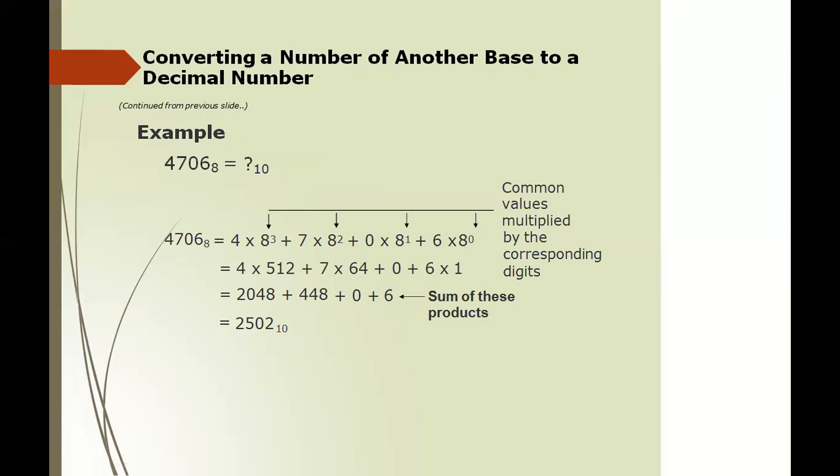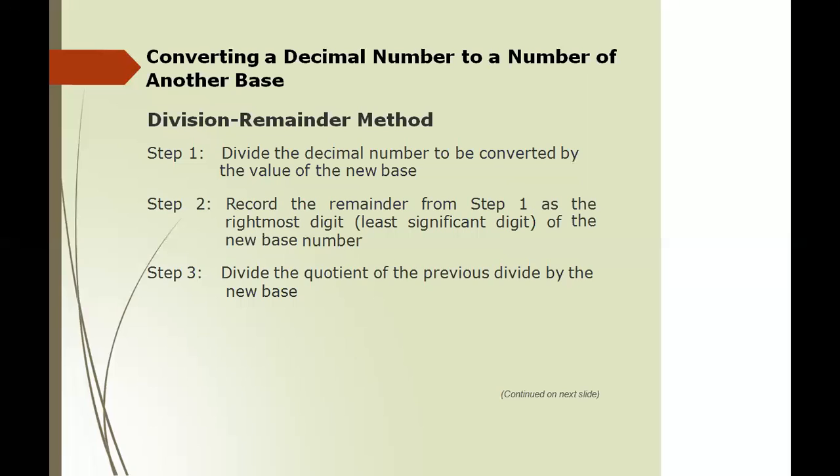That's why we use 8 here, because initially this number belongs to the octal system. Here 8 to the power 3, 2, 1, or 0 is the column value, and we multiply the column value by the corresponding digits. After multiplying, we sum these products, and we get the value in the decimal number system.